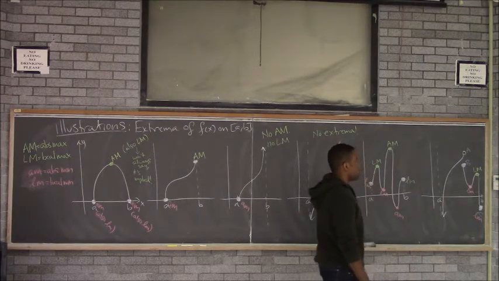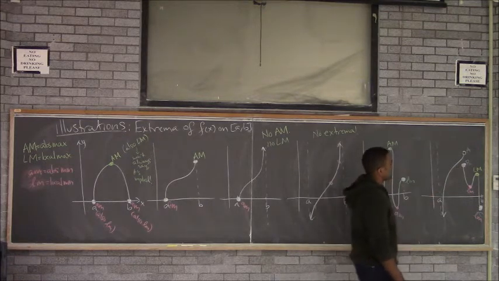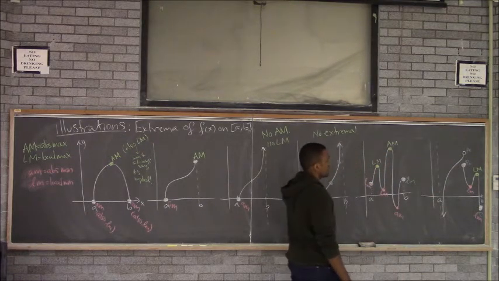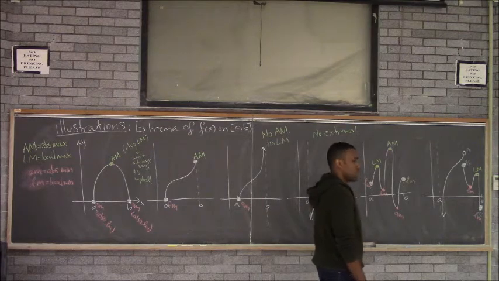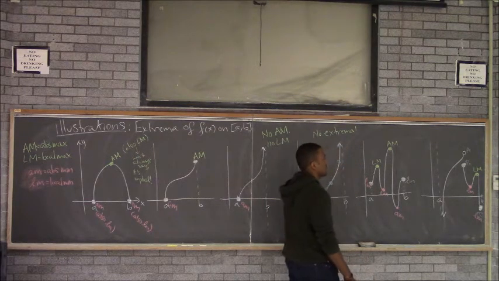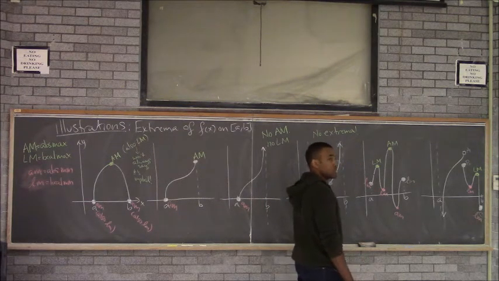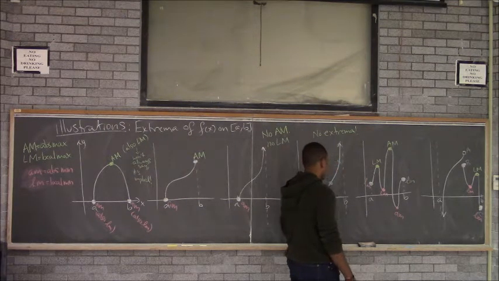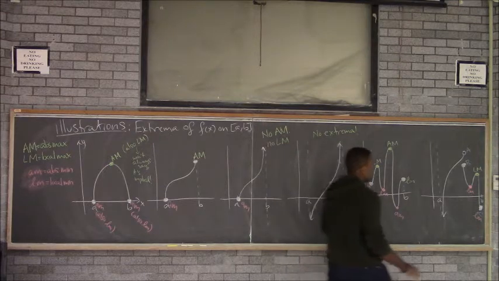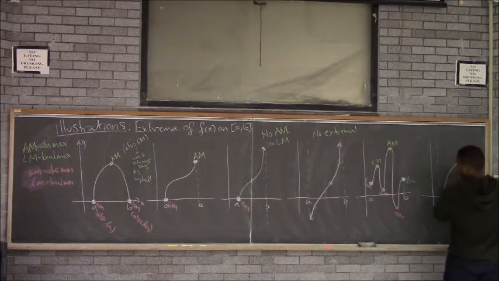Okay. Absolute maximum. What is this? Local maximum. It's not a local maximum. Wait, no. Which one here would be? How do you know? If you zoom in to point B, what are you going to see?